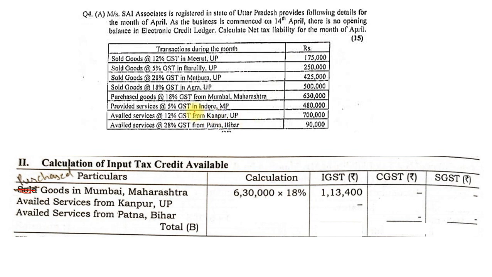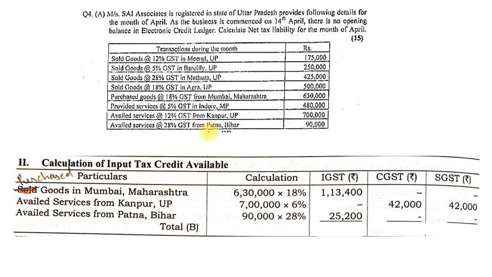So again, 12% will get divided in two halves, so it will become 6% each. 7 lakh into 6%, 42,000 goes in CGST and 42,000 will go in SGST. And again availed from Patna, Bihar. So now the entire 28% on 90,000 will go to IGST because it is a different state.